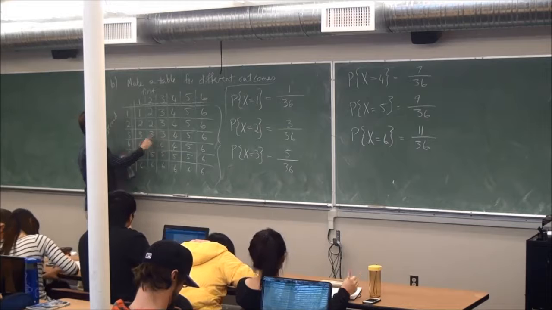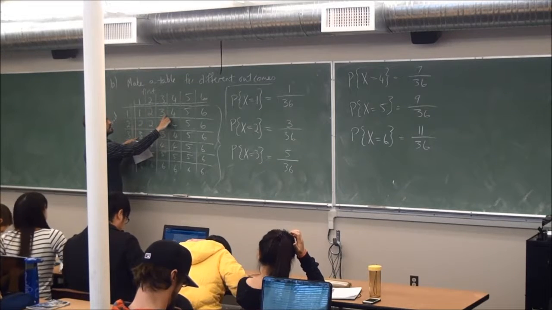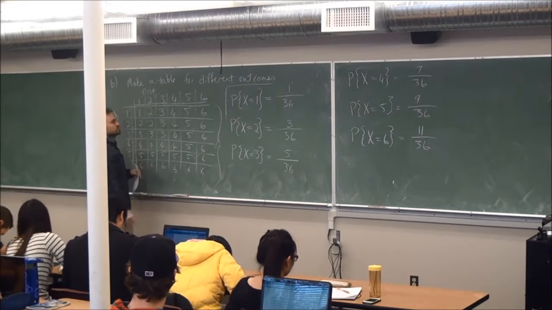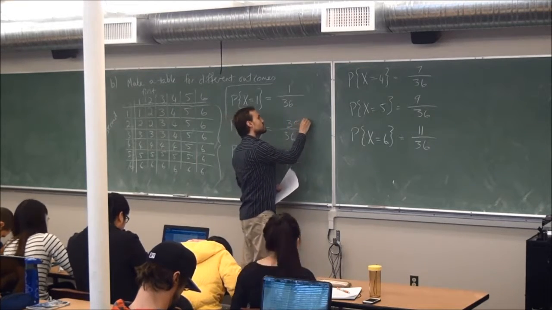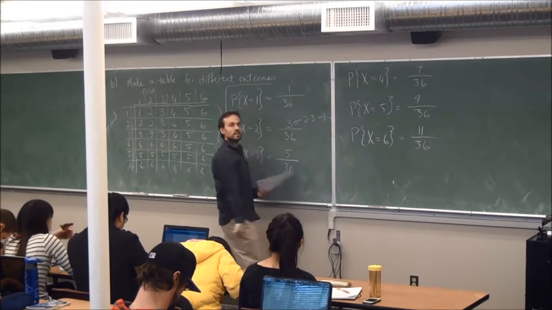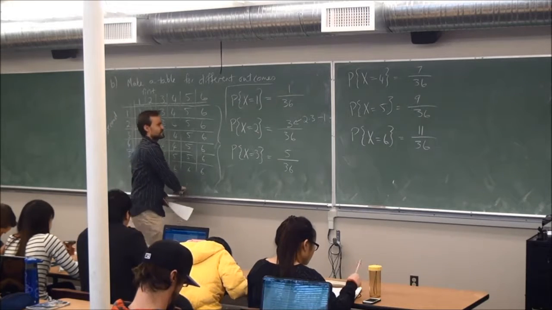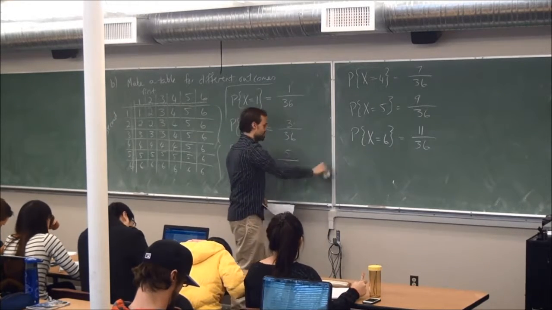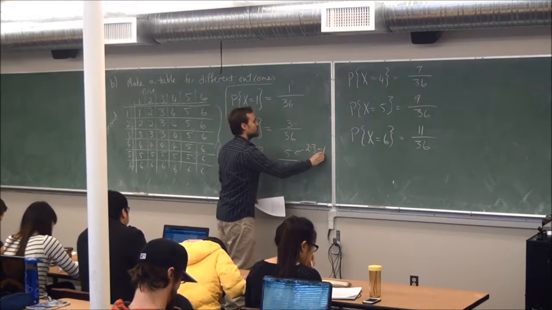I have 3 of them, all the way up to the corresponding column, and then 2 more. So I can write this as 2 times 3, which gives me 6. It's 1 more than I need. So 2 times 3 minus 1.